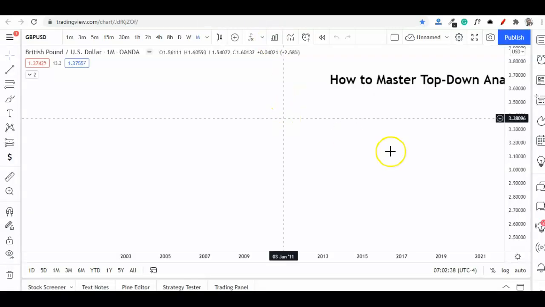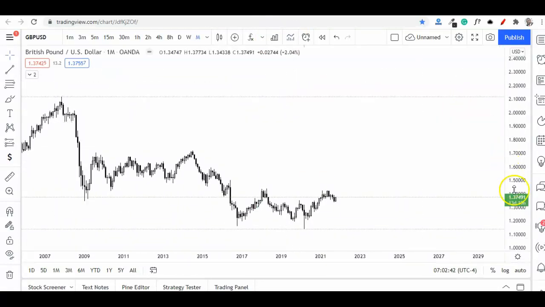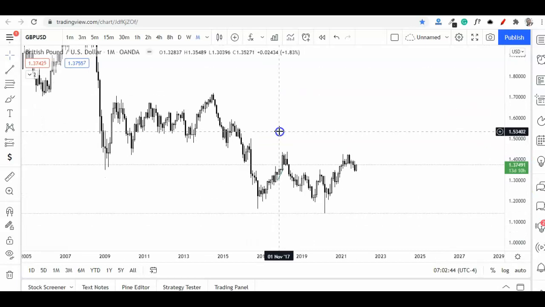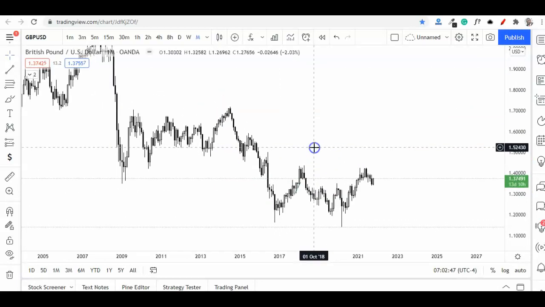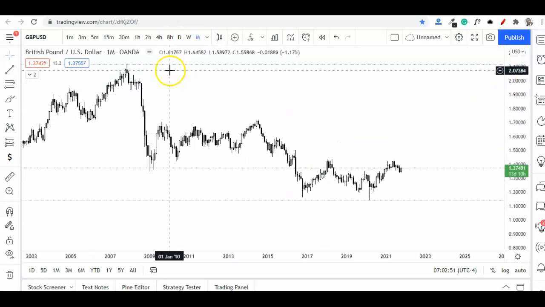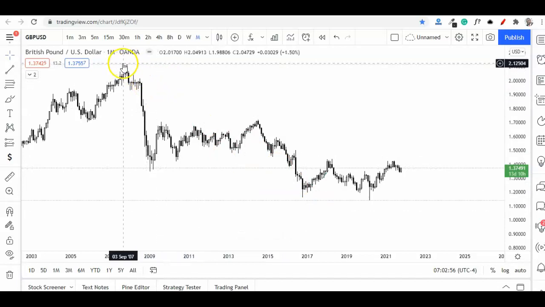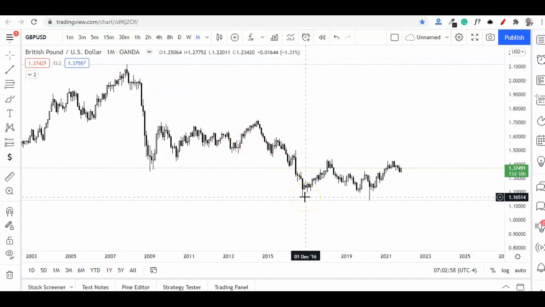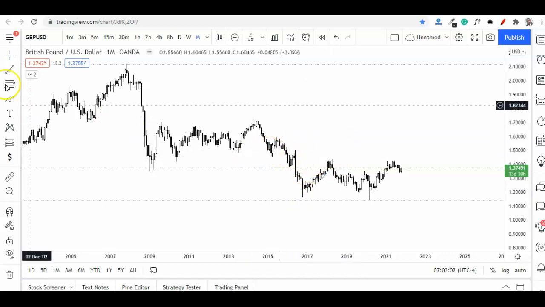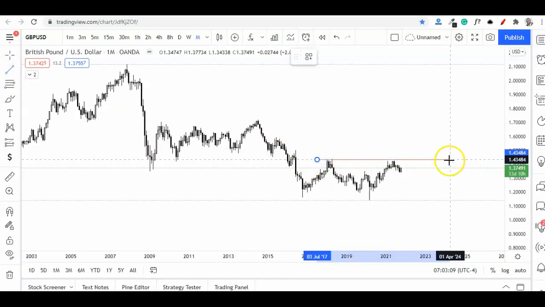Now let's look at this pair here, the pound US dollar. Looking at this monthly time frame, you can see that over the past couple of months or years, the pound has been in a downtrend, and we are yet to break major structure on the monthly.